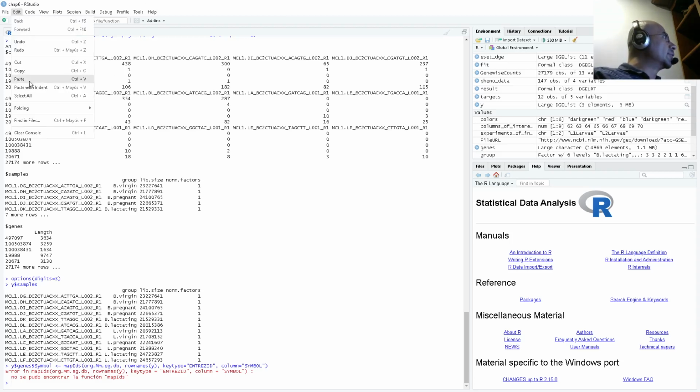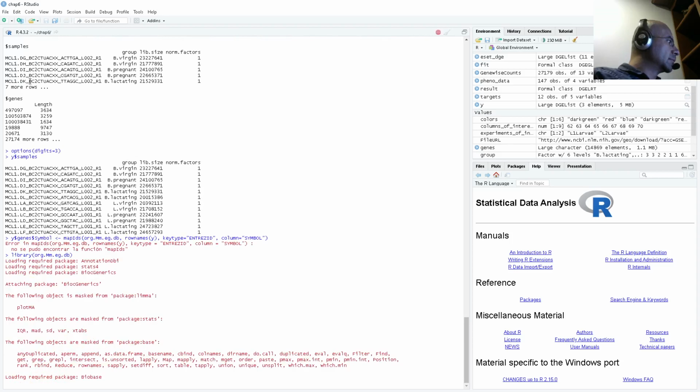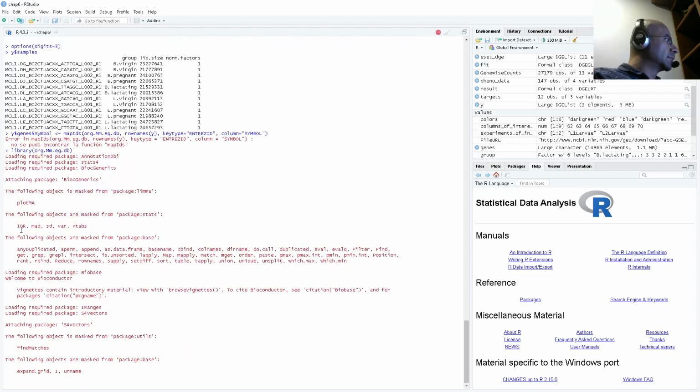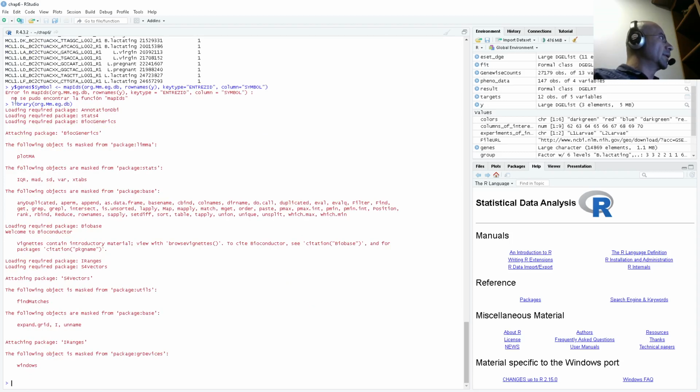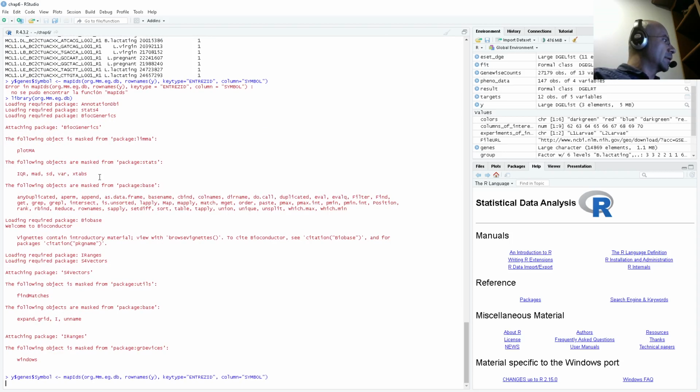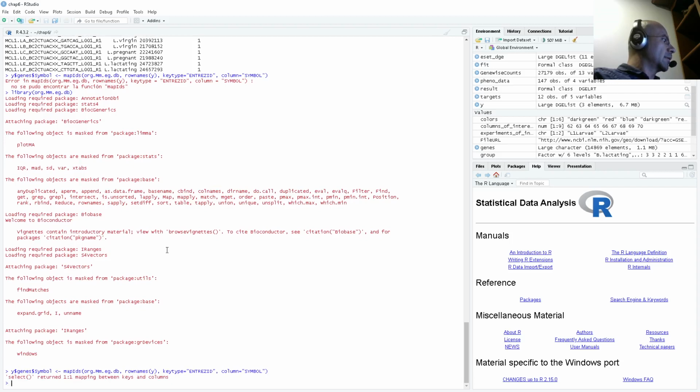We need to import the libraries, then again removing genes without symbol.